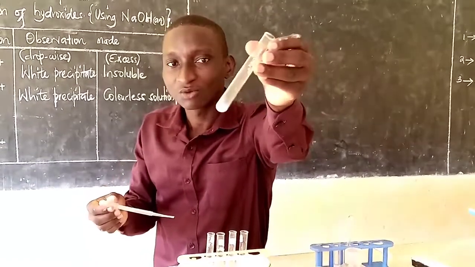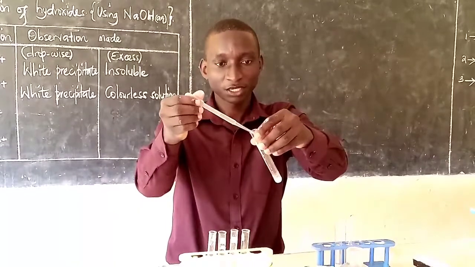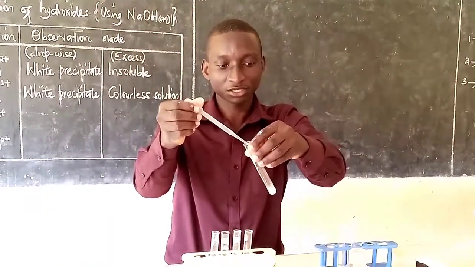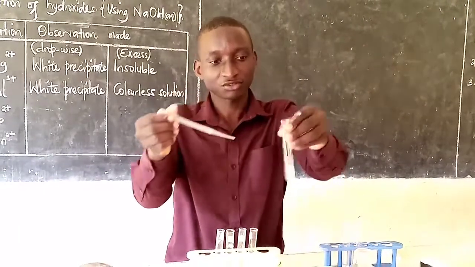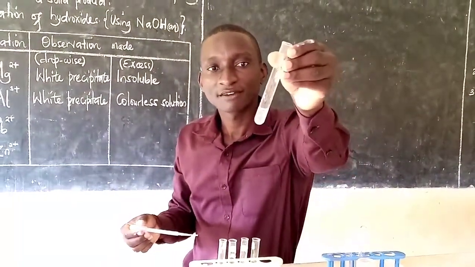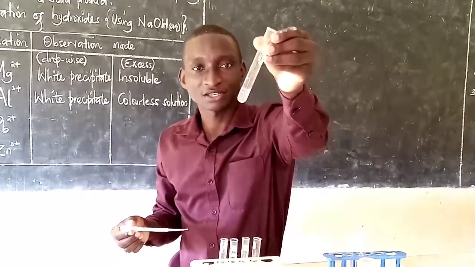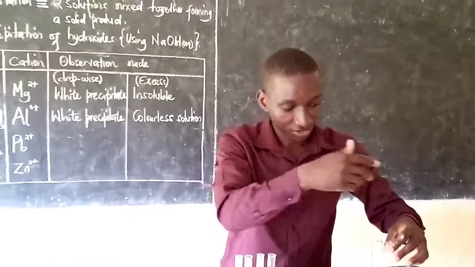We see that there is a white precipitate that has been formed. Just drops. Then when we come and put excess and try to shake, what do you see taking place? What we have is becoming colorless, and finally it turns out to be colorless. That is our zinc.